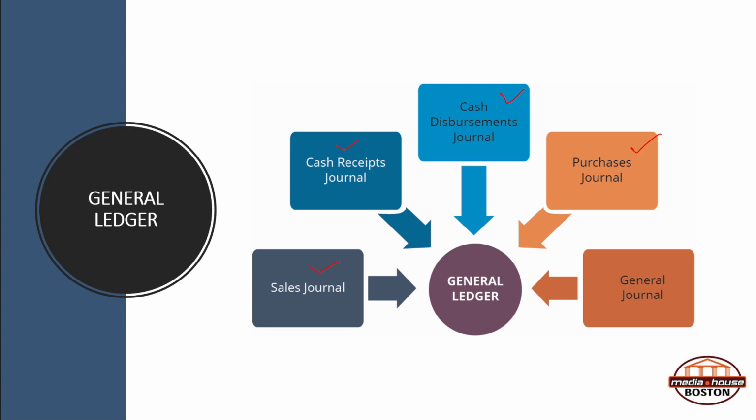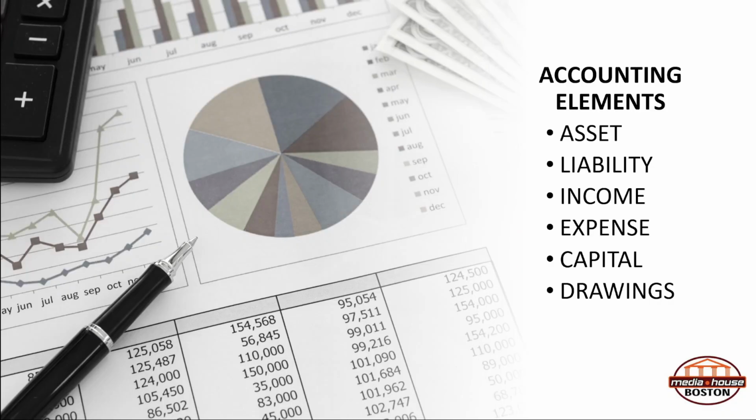Then we have the general journal, which records the movement of each and every account separately. That is done within the general journal and then all of these are transferred to the general ledger, which represents the summary of one specific account.